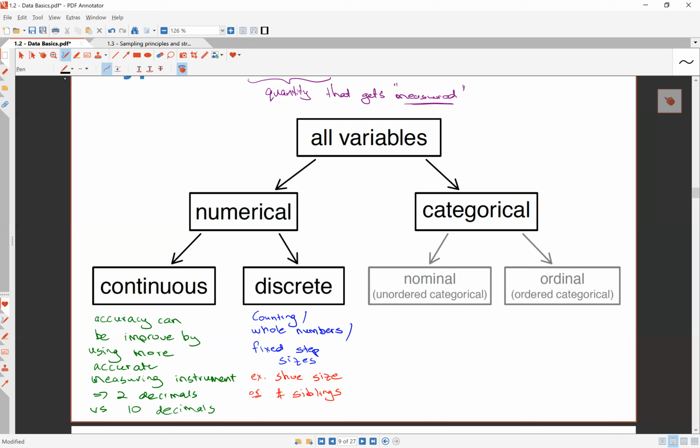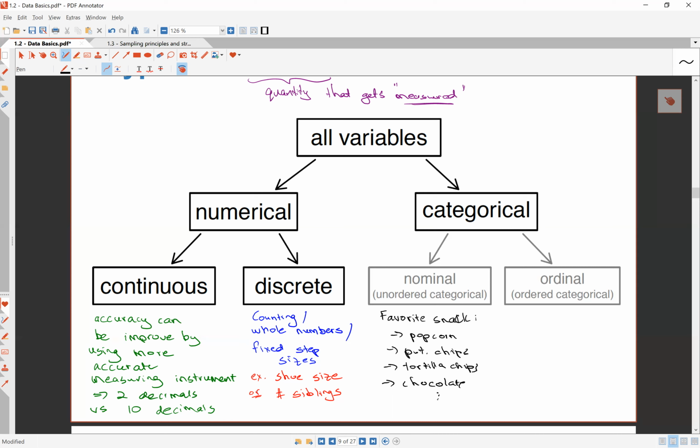On the categorical side, we said there were nominal and ordinal. Nominal would just be unordered categories. For example, what is your favorite snack? So options could be popcorn, potato chips, tortilla chips, chocolate.